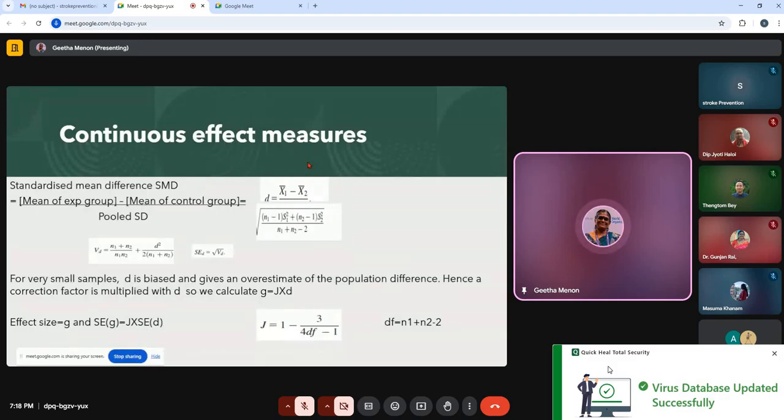If we are all statisticians, I think we understand this very clearly. For small samples, this standardized mean difference becomes a biased estimate and provides an overestimate of the population difference, and therefore we have to apply a correction factor, which is given on the screen here and is multiplied with D, so that we get a corrected standardized mean difference. That is what is used to combine the results.